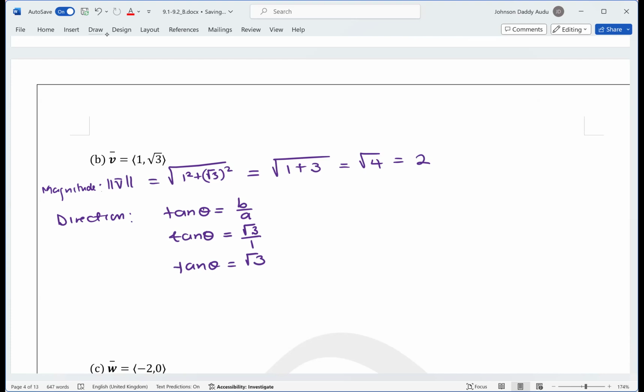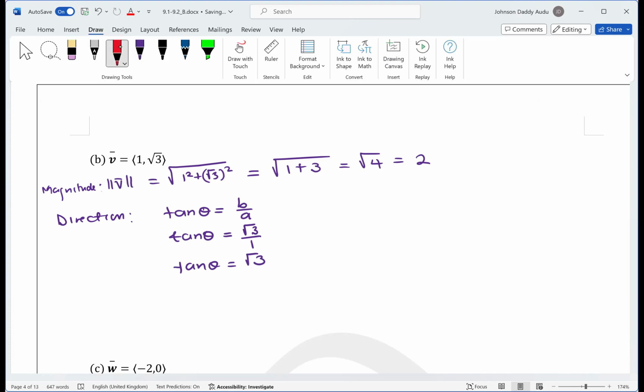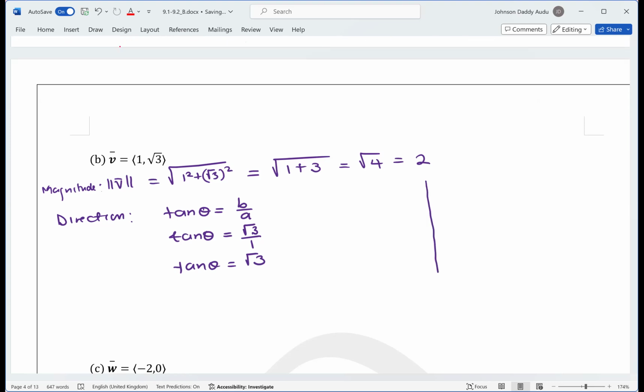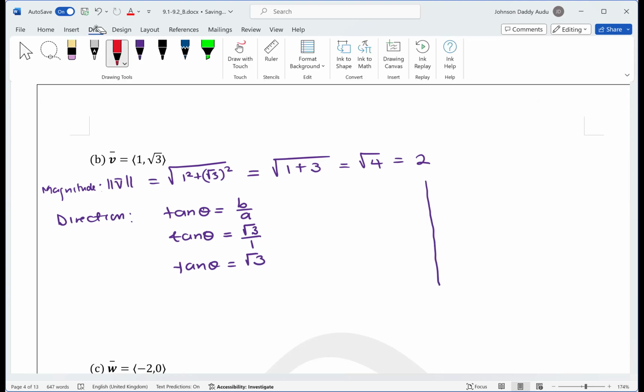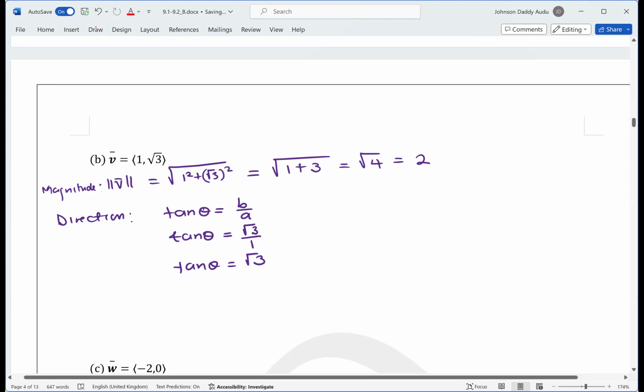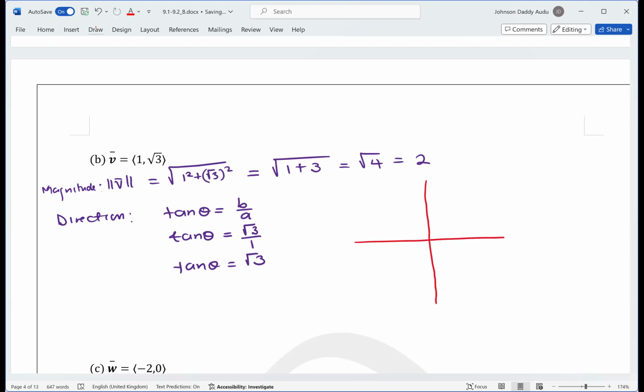Now, this vector is in which quadrant? The terminal, we can have this. Okay, so this is this one. Now, this is in the first quadrant.